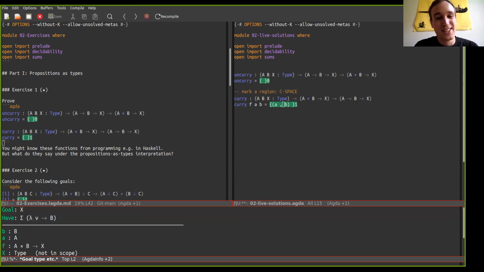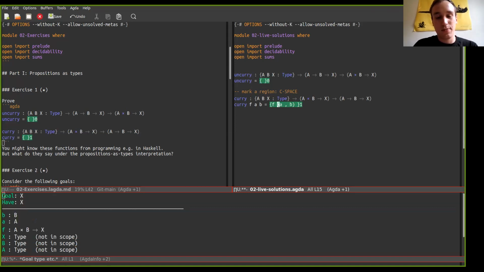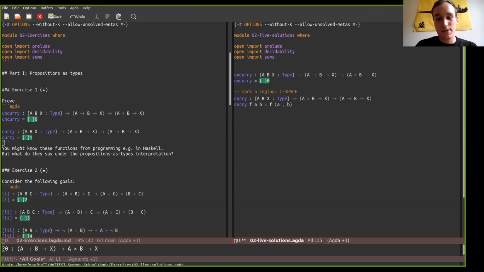But this is a tuple of type A times B, and then we can apply f to it. Control C, Control L to load. And we're done.